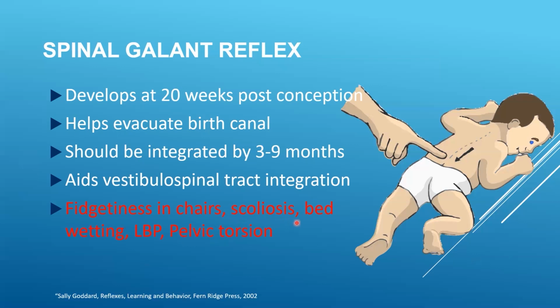This and the spinal Galant have been linked to being present in bedwetting, low back pain, other kinds of pelvic torsions, and stuff like that. So there's a handful of different things associated with this. And this is one of those where you can test it on just about anybody. You have them go on their hands and knees. You start up near the mid back and then go down towards the butt just off to the side, again not on the line where the bones are for the spinous processes, but just off either side.